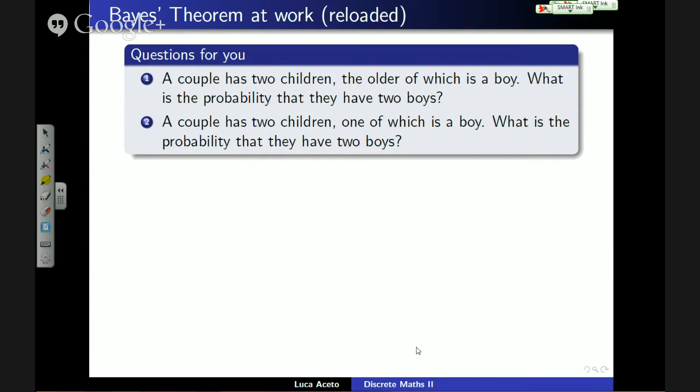What is the probability that they have 2 boys? The version reloaded: a couple has 2 children, one of which is a boy. What is the probability that they have 2 boys? Now, when they look at this, most people think it's the same. Well, is it? Let's see.